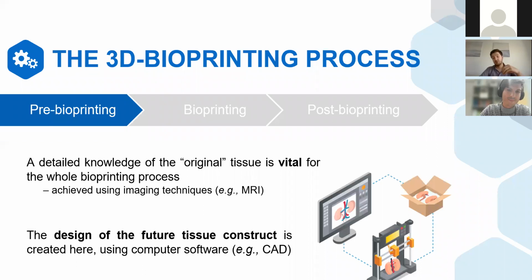Then it's very important that we carefully plan the structure that we are going to build, that we create a 3D model or a design in computer software of the tissue or the organ that we want to build next. Of course, this design will have to mix all the properties that we talked about before, and will have to be optimized in order to optimize the features of the final tissue.